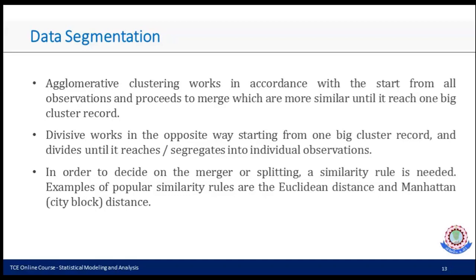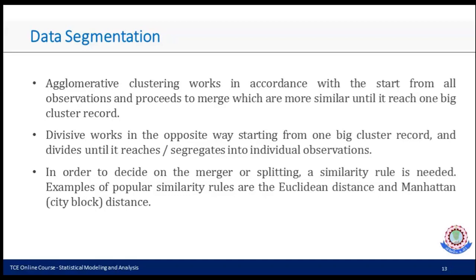Divisive clustering starts from the analysis of the whole data as a single cluster, and it breaks this single cluster at each stage into smaller clusters until one observation per cluster remains. So finally, we will be getting the output as single individual clusters.